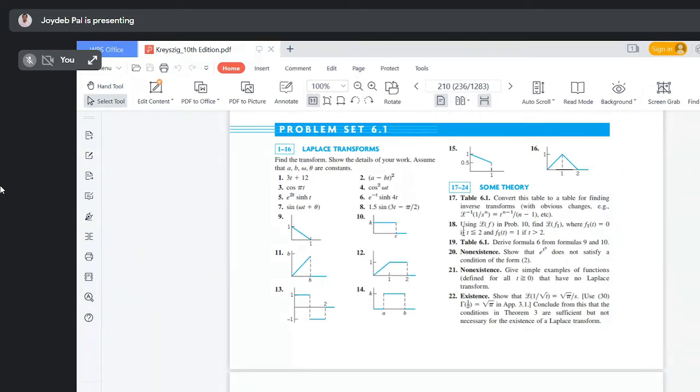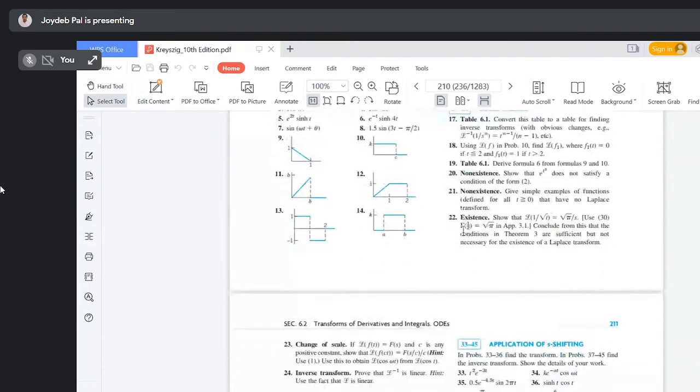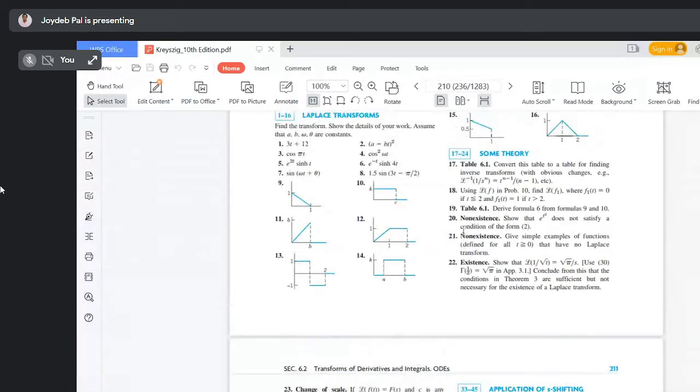Fine. So 17 to 24. Here I only show the problem number 24. Actually, there are some non-existence and existence cases according to the existence and uniqueness theorem.